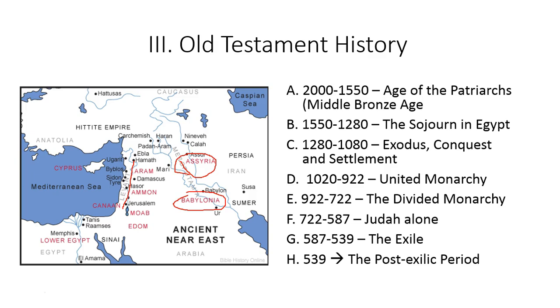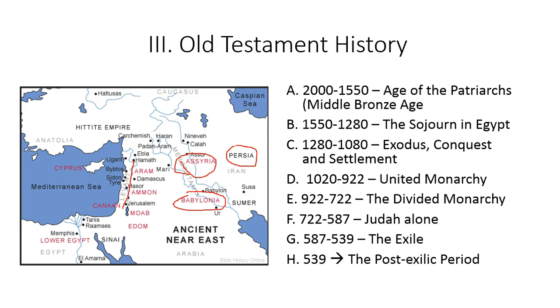The exile is usually dated from 587 to 539, and then in 539 begins what we often call the post-exilic period, because in 539 the Babylonians are in turn going to be defeated by the Persians, and the great Persian Empire is going to take over. The Persians were generally kinder to the nations that were part of their empire than were the Babylonians.